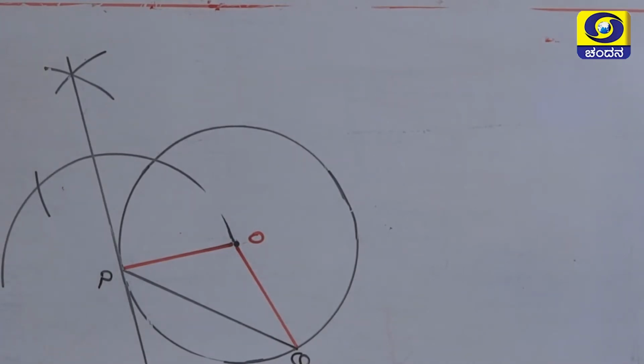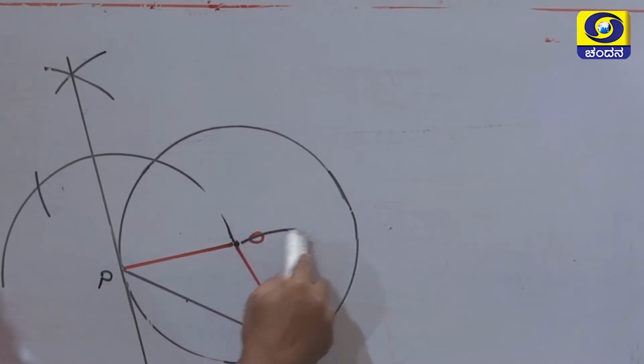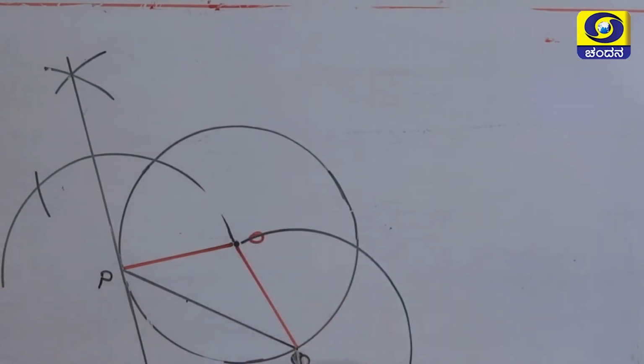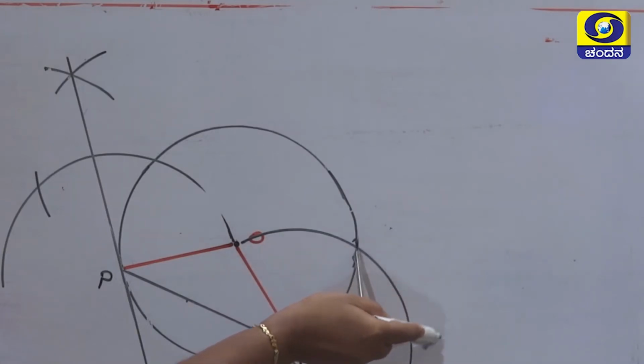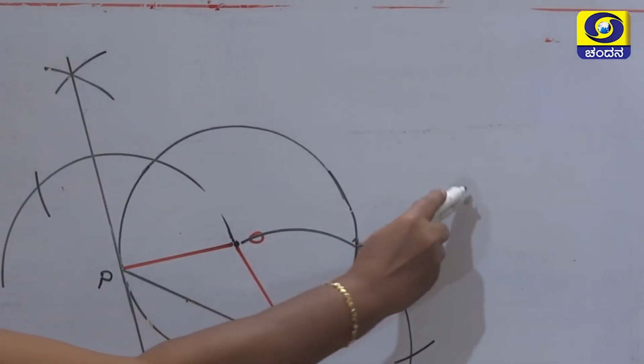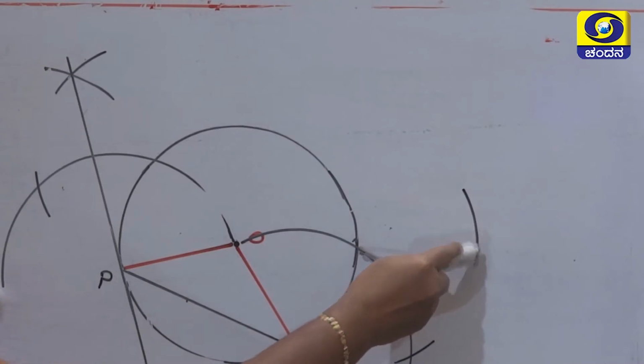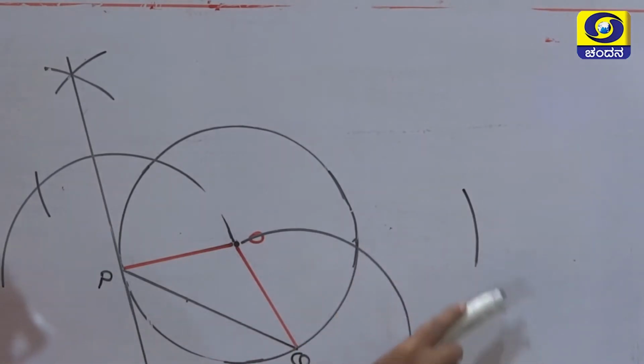Now we have to draw one more tangent at point Q. To draw the tangent, take the semicircle like this, make two arcs. Keeping the needle of the compass at the two arcs, we will make two more arcs.